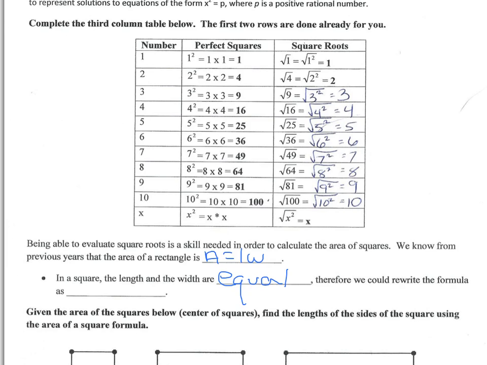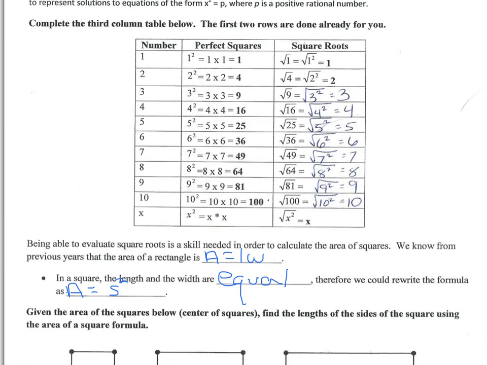Therefore, we could rewrite the formula instead of A equals LW. We could rewrite it as A equals L times L or W times W. A lot of times we'll see it as side squared or little s squared.